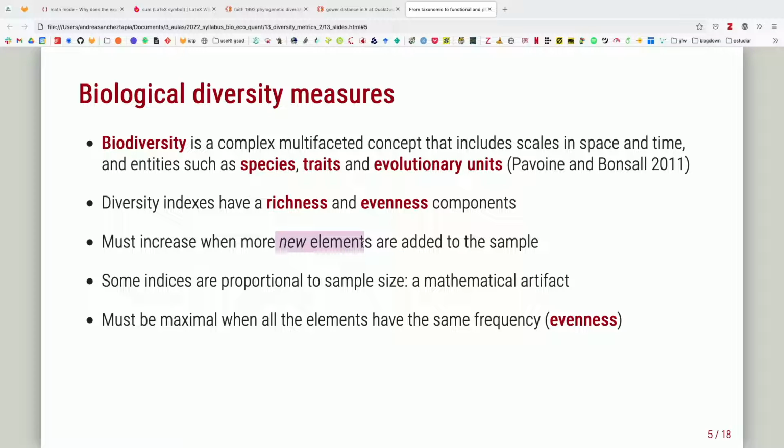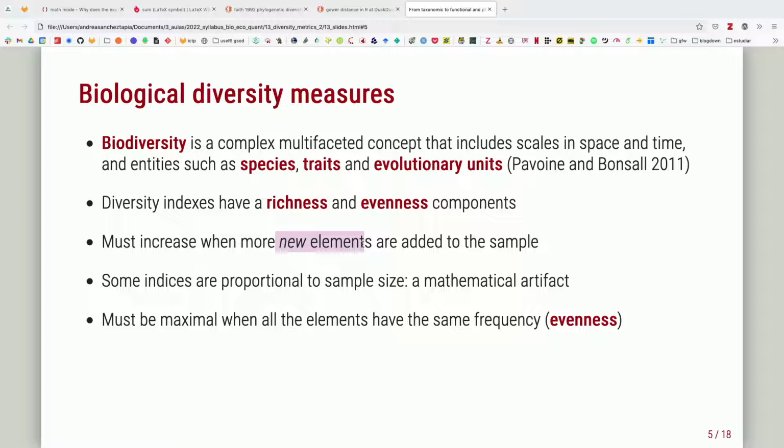For example, I go to a forest, and the forest has lots of individuals. And I go to another forest, and it has fewer individuals; the individuals are more sparse. Without checking the numbers, I can assume that the sample that has more individuals will have higher values of Shannon diversity. And this is sometimes a mathematical artifact.